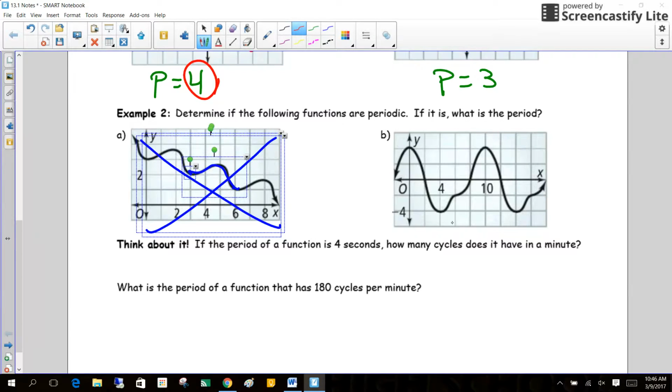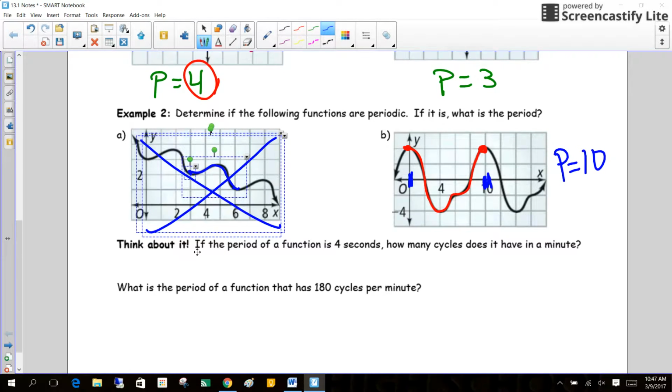You can see this repeating pattern. Again, if I highlight one cycle, or you could have another cycle from minimum to minimum or 0 to 0, we do have a repeating cycle. You've got to be careful, from 0 to 10. My period would be 10.